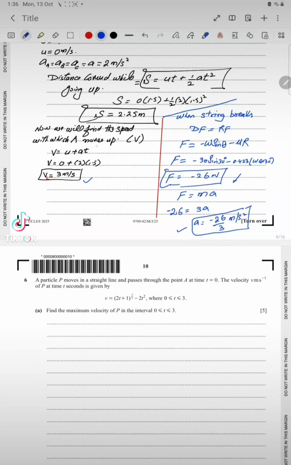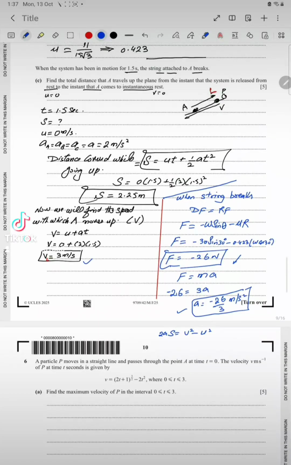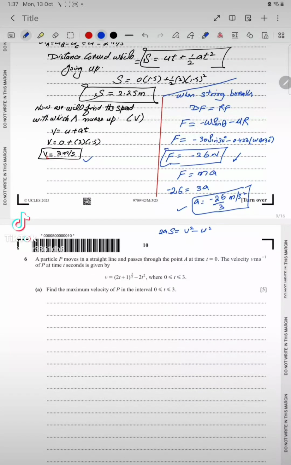Find the speed when the string breaks. So it means 2as is equal to v square minus u square. As it's coming from rest, here the figure was like this: it's a pulley, and here, and then from u it will slightly come to rest and goes down. So final becomes initial, 2a is minus 26 by 3.